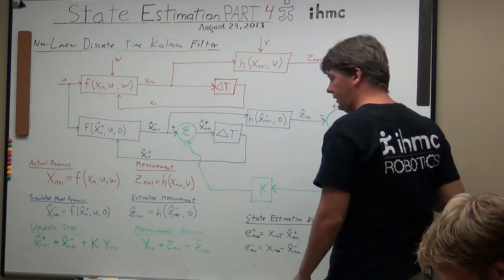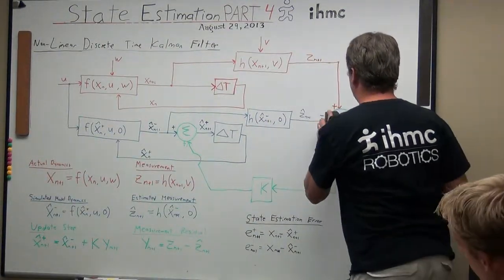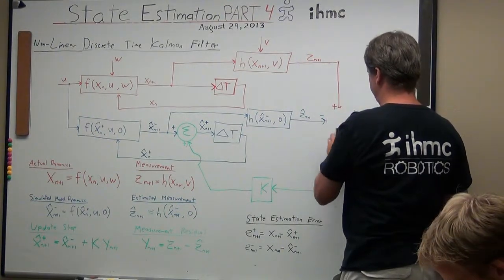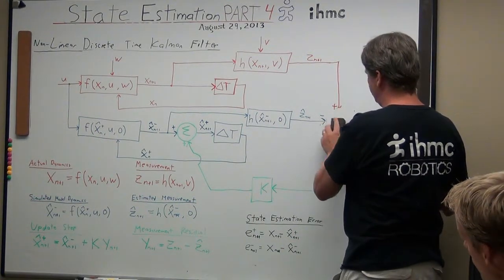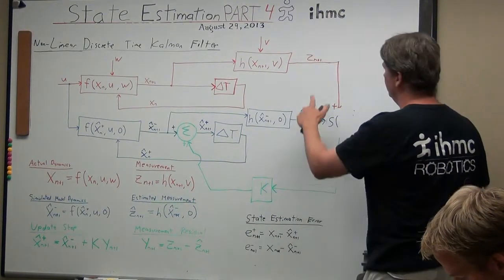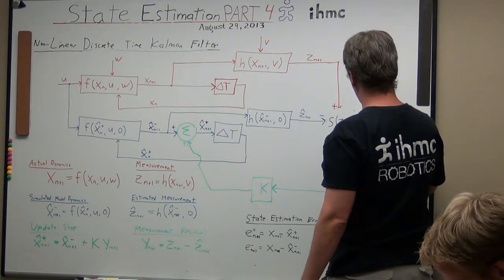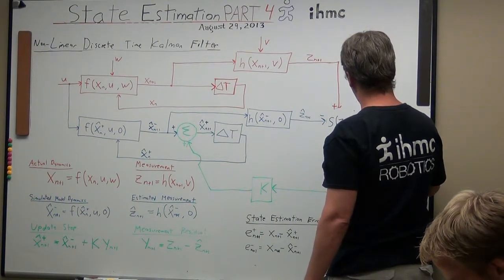So let's use S, since it's subtraction, use S over here. But what we're going to be doing is comparing Zn plus 1 and Z hat n plus 1.